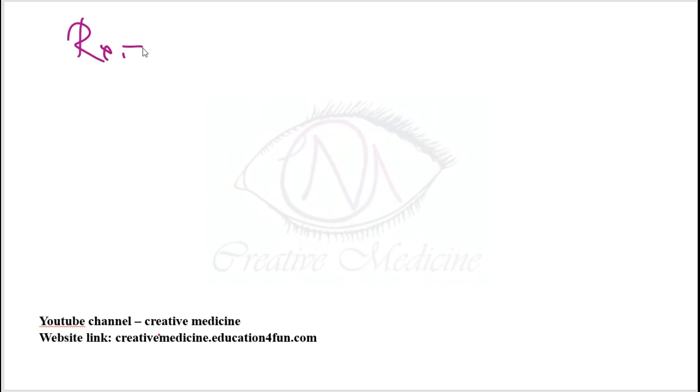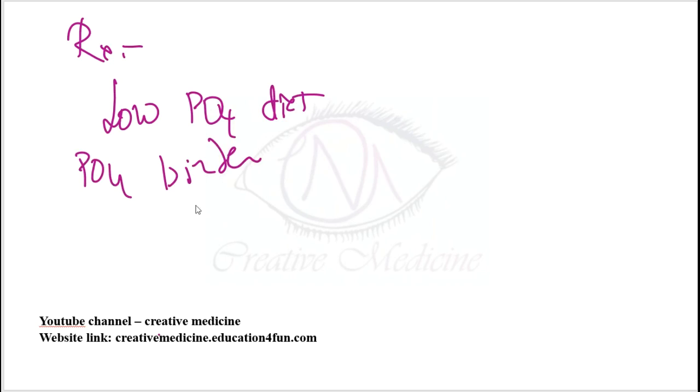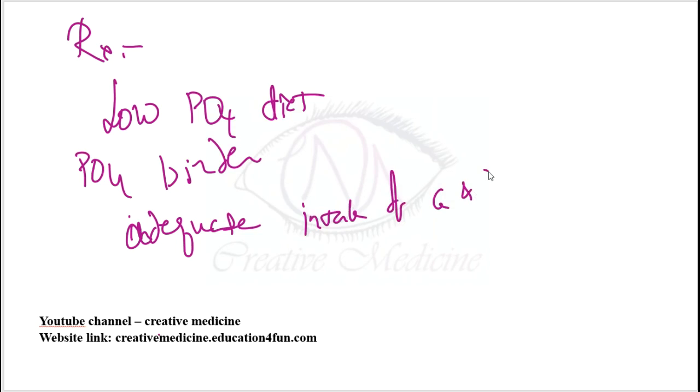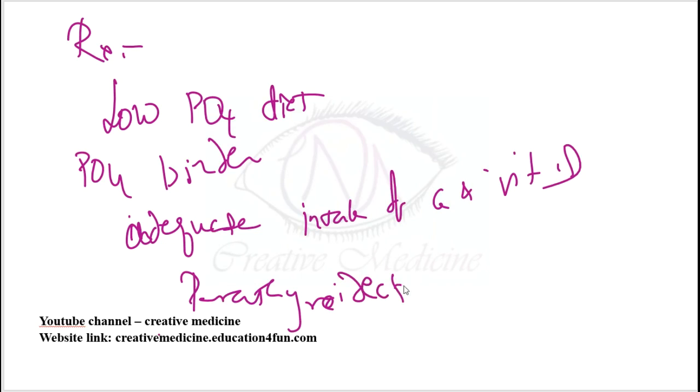In the treatment, a low phosphate diet is advised, phosphate binders are given, and you advise adequate intake of calcium and vitamin D. You can do parathyroidectomy if parathormone remains increased even after doing all these measures.